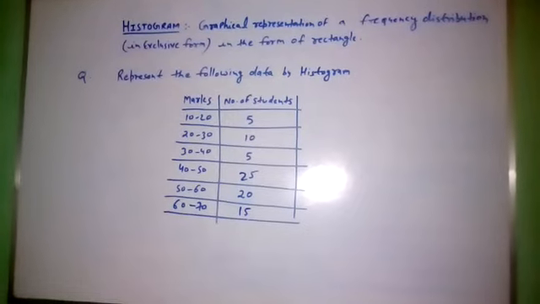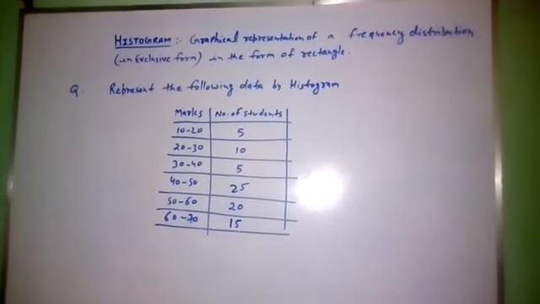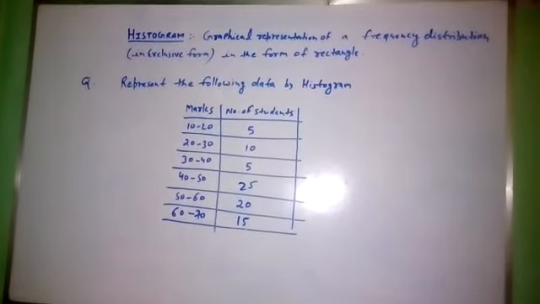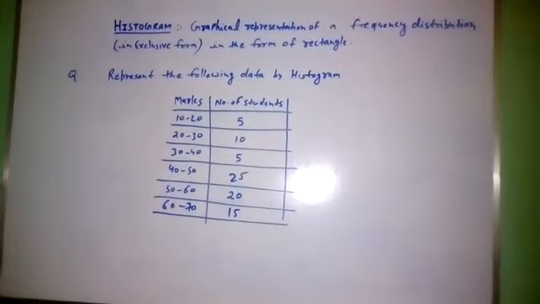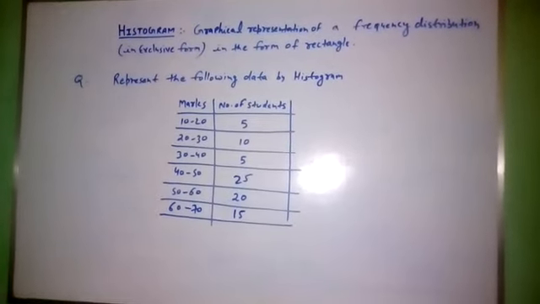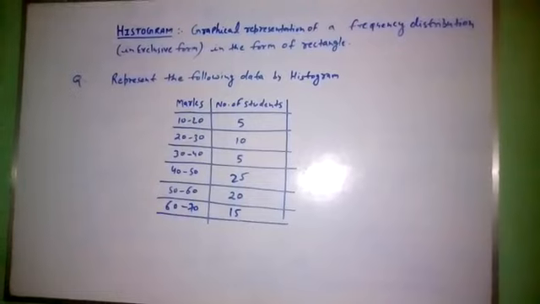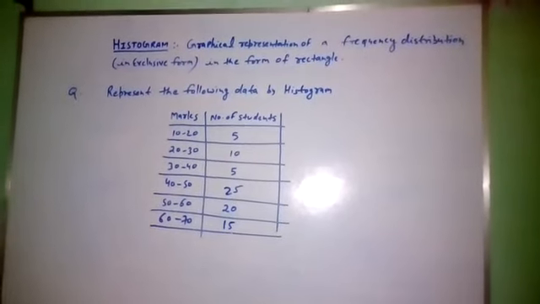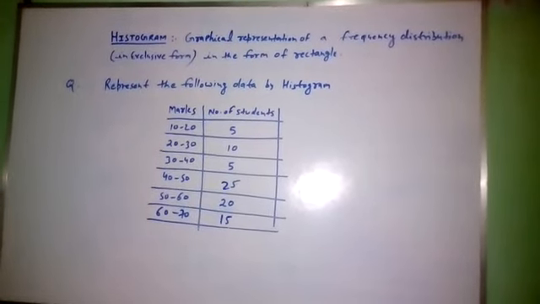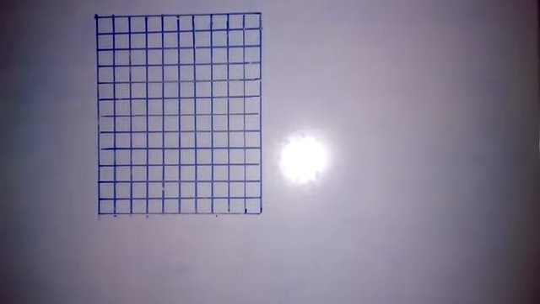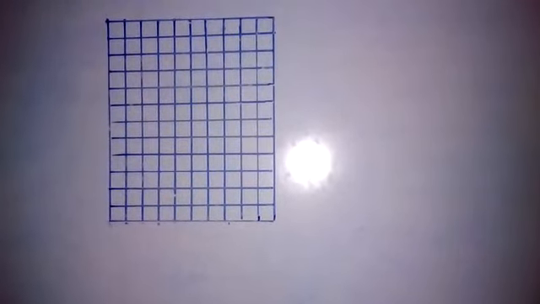So here I show you the rough sketch of a graph and how we will represent it on a graph paper. See it. So suppose this is the model of a graph paper. How will we do it on the graph?